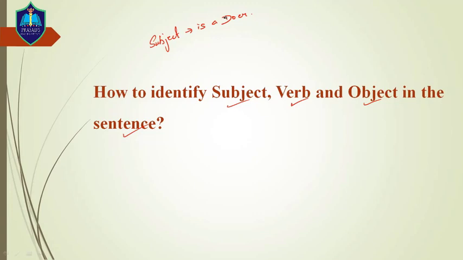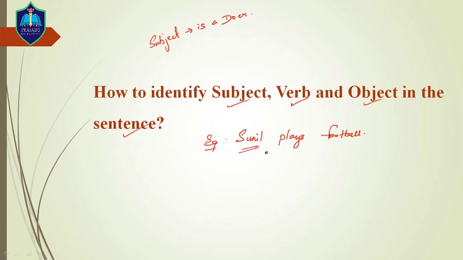If you ask me, this is correct also, this is false also. How? Let me give you a few examples to discuss how subject being a doer is correct and also false. I'm just taking one example over here. Example: Sunil plays football. Everyone knows him, right? Sunil Chetri, he is a footballer.